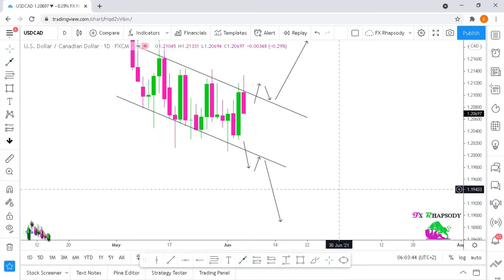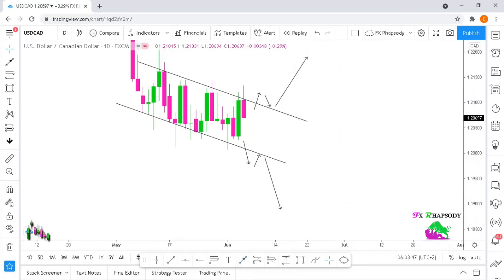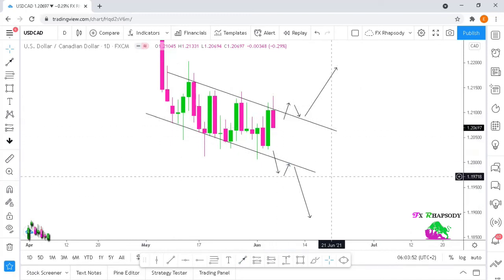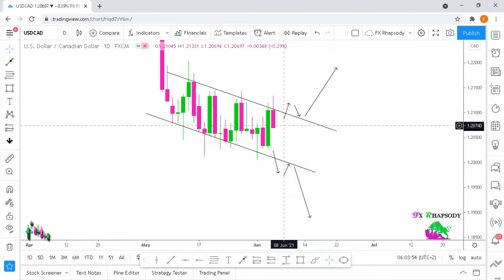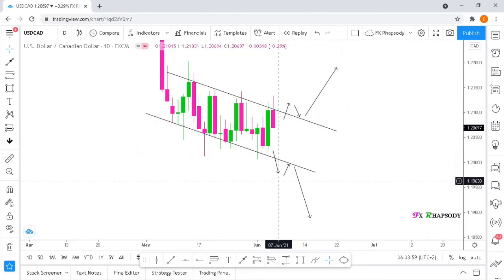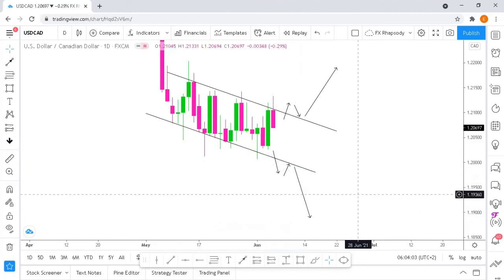So basically, guys, this week we will be seeing price either still moving within the zone, or it's going to make its break to the up, retest, shoot, or it's going to break the bottom trend line, retest, and it's going to melt. So either one of those two.